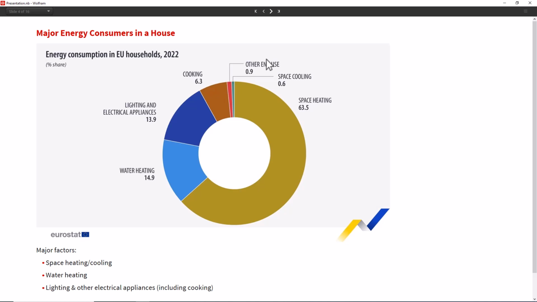According to a report from the EU, major energy consumers in European households include space heating, water heating, and electrical appliances like lighting, refrigerators, and dishwashers. Space heating consumes around 64% of the energy, followed by 15% of energy for heated water, and around 20% of the energy is used by lighting, kitchen, and other electrical appliances.